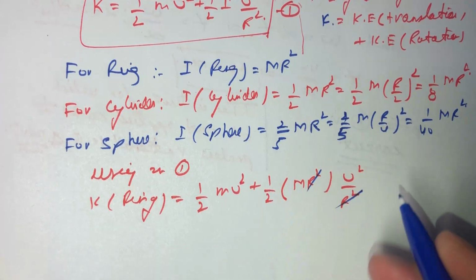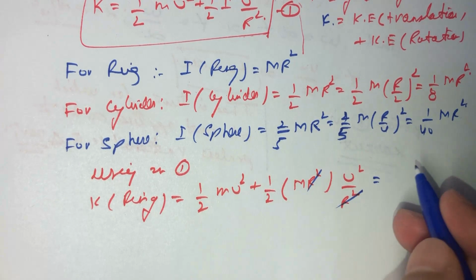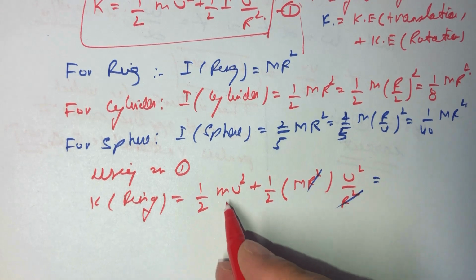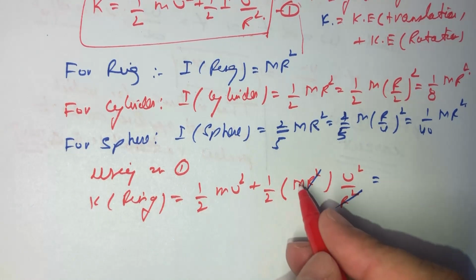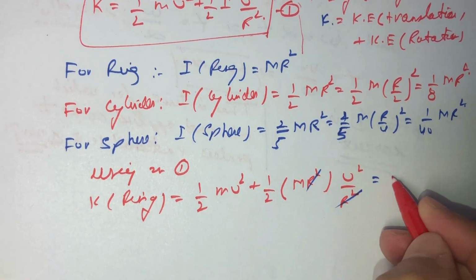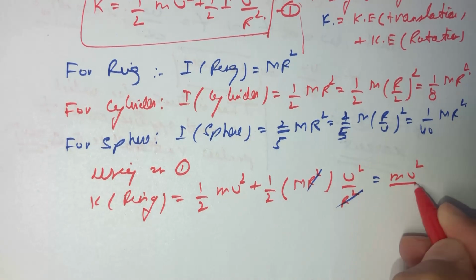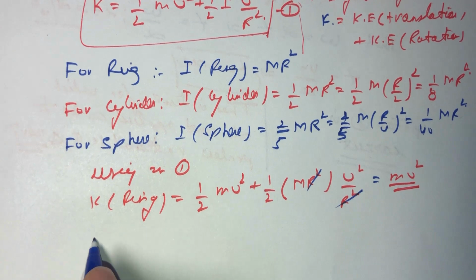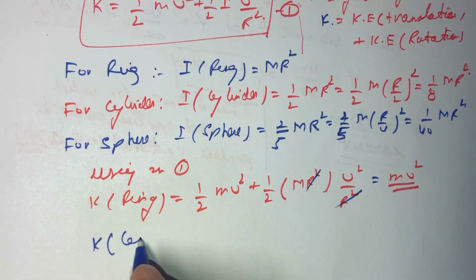So r square cancels out. This will come as half mv square plus half mv square. So this will be equal to mv square.